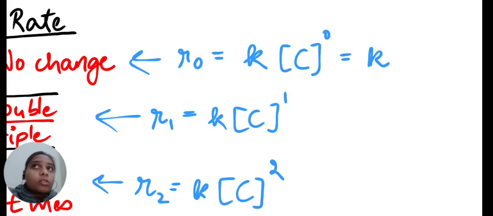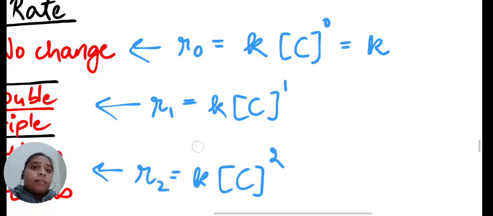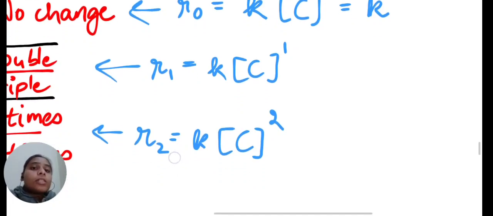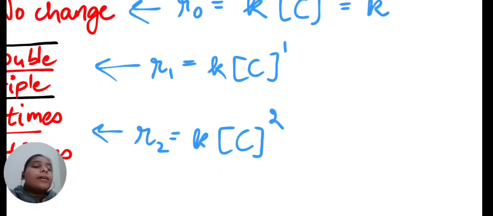That is why we can say for zero order reaction, rate does not depend upon the concentration of reactant. While in case of first order, concentration is raised to the power 1. And for second order reaction, rate is equal to rate constant into concentration squared.